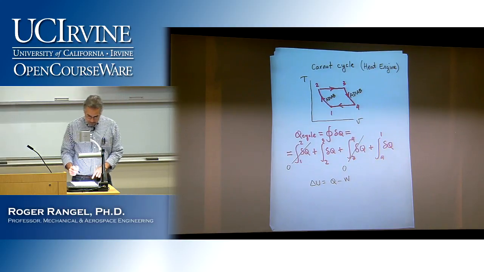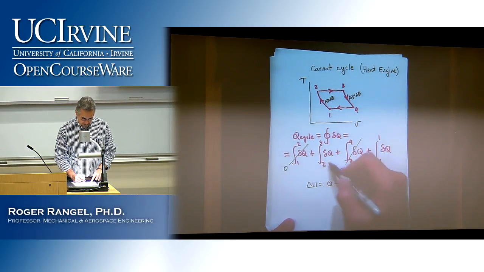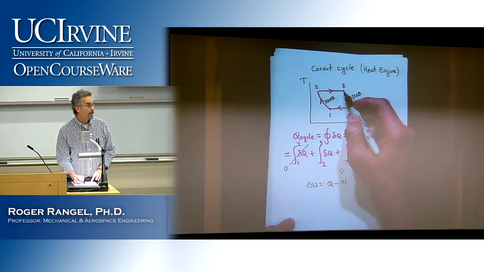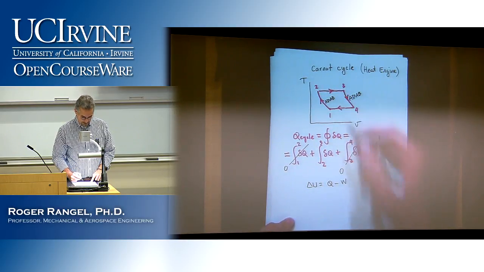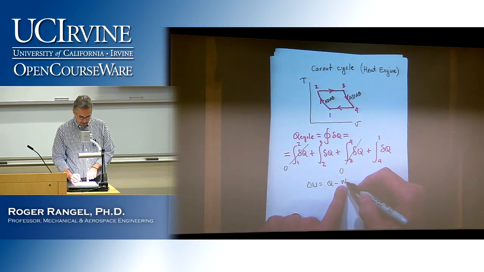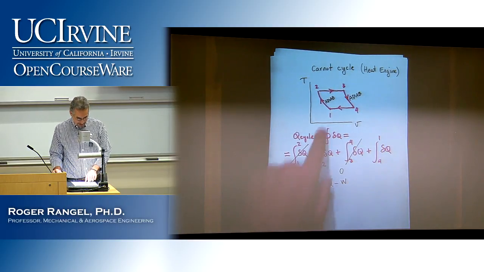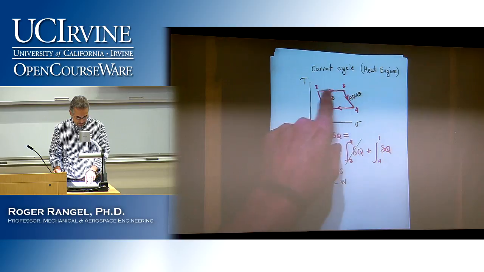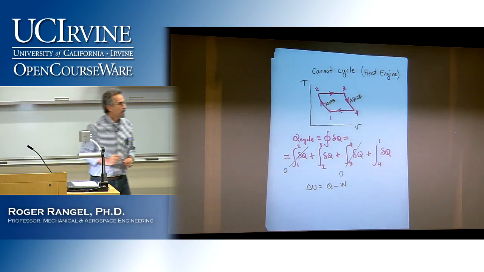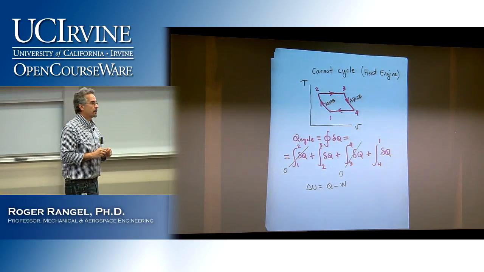So if you're telling me that this integral of delta Q from 2 to 3, which is the total heat transfer between 2 and 3, is equal to the work between 2 and 3, you're telling me that this is 0. But I can clearly see that these are two different states. So in general, that might not be 0.